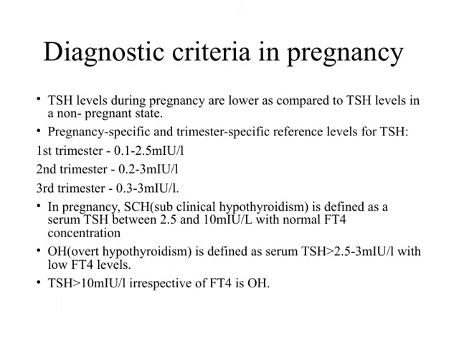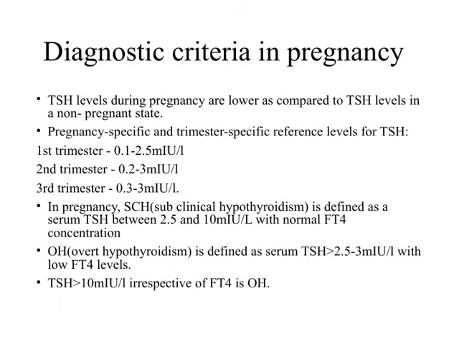In the first trimester, the normal TSH range is typically between 0.1 and 2.5 mIU per liter. Moving into the second trimester, it slightly shifts to about 0.2 to 3 mIU per liter. And in the third trimester, the range is generally around 0.3 to 3 mIU per liter. Understanding these ranges is crucial because they help us accurately interpret thyroid function in pregnant women.